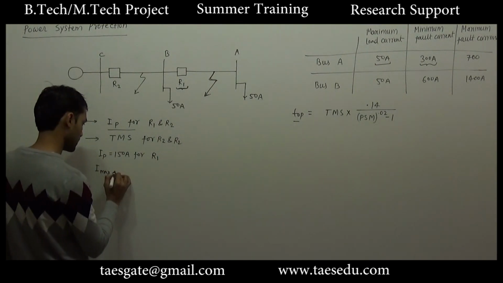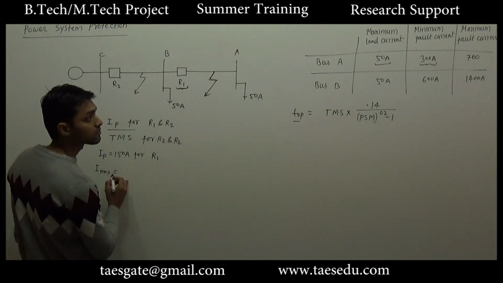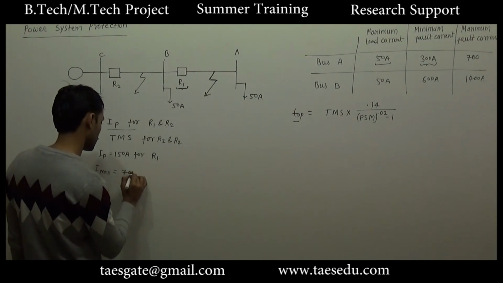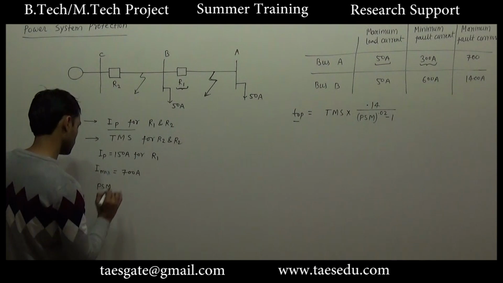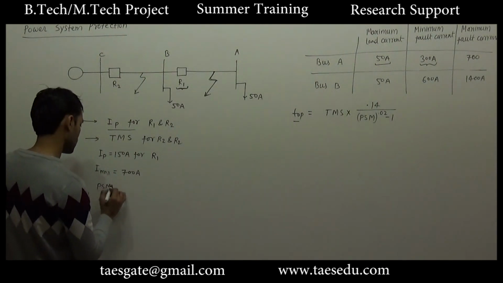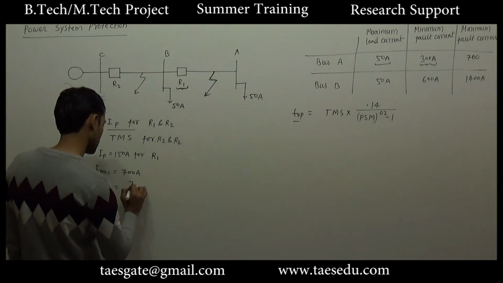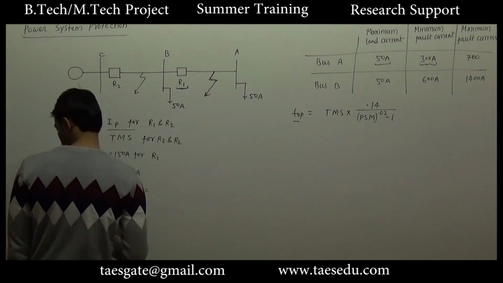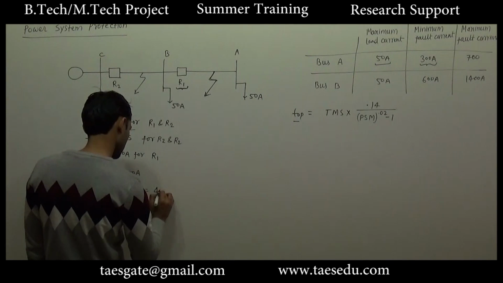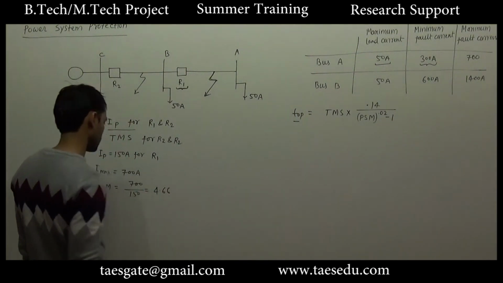The maximum fault current is 700 ampere. So what will be PSM? PSM for relay 1 will be 700 divided by 150. This will be 4.66.